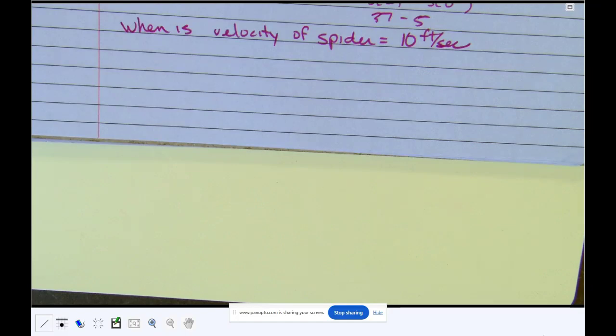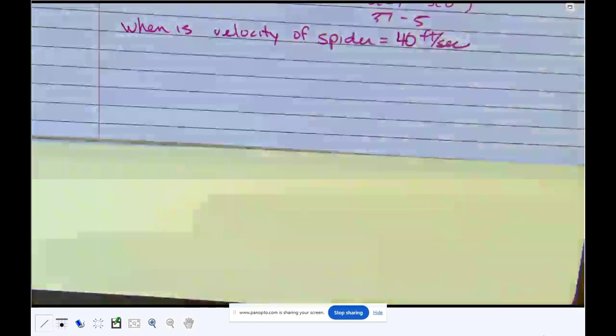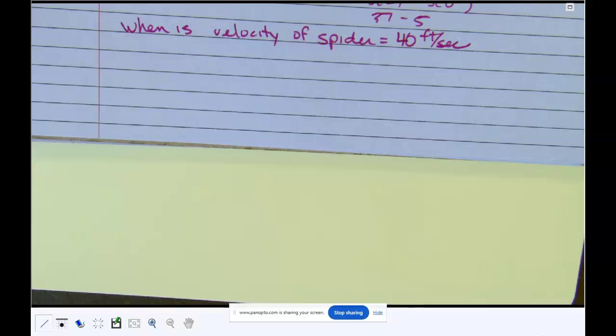Let's make that 40 feet per second. It was 10 before. I don't think that it equals 10 ever, because it made my spider ridiculously fast moving.